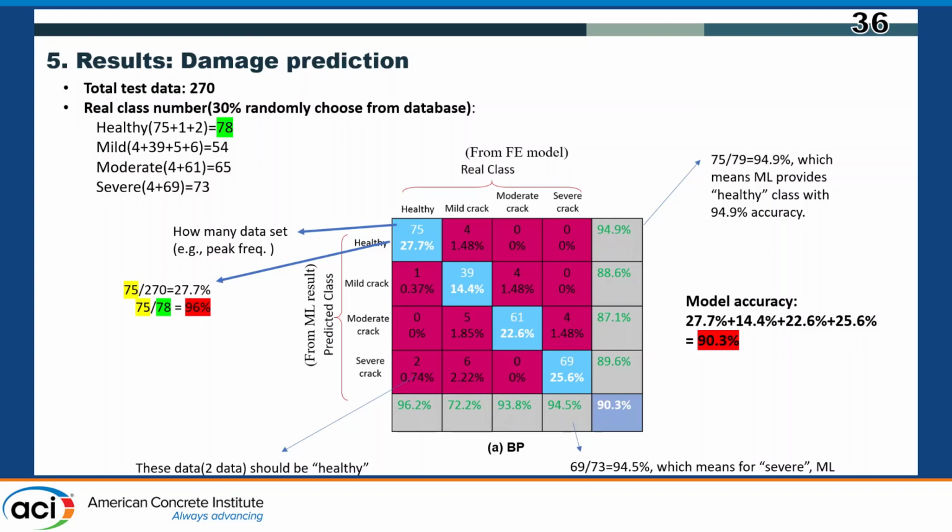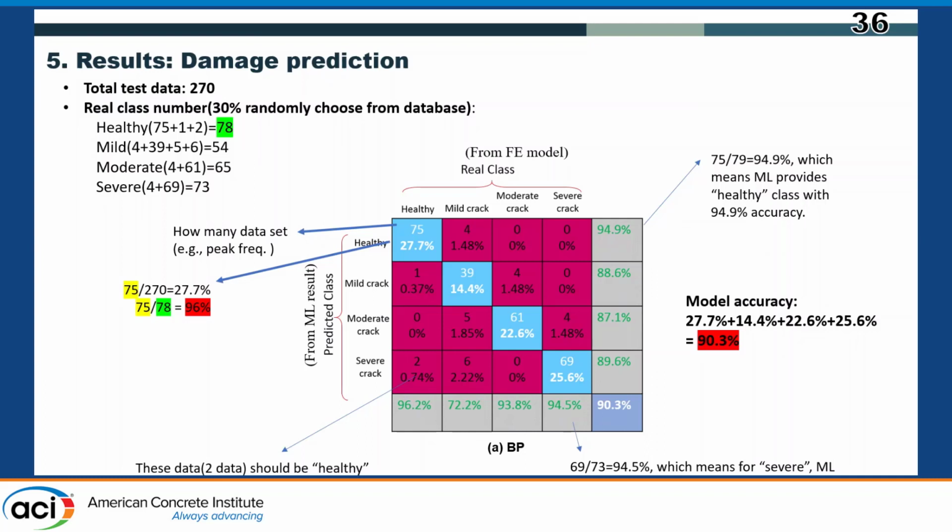You can see there is the right bottom 90.3%. That is the total summation of the different level accuracies. And the number above the percentage, for example, the left top one, the 75, means the number of samples.